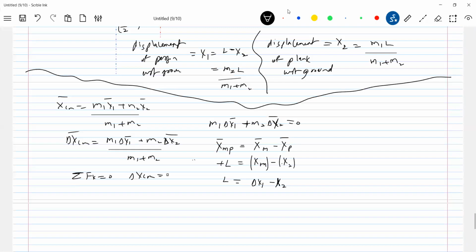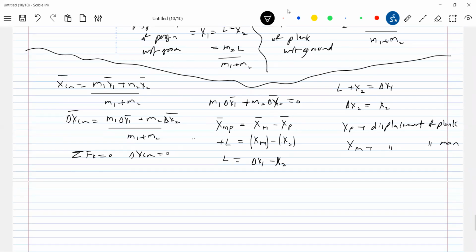So what is delta x1 now? L plus x2 is delta x1. And what is delta x2? Delta x2 is the displacement of the plank with respect to ground, and that should be x2. Substitute these values here. xp is the displacement of plank, and xm is the displacement of man.